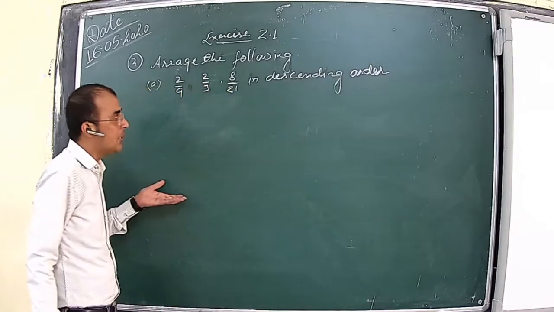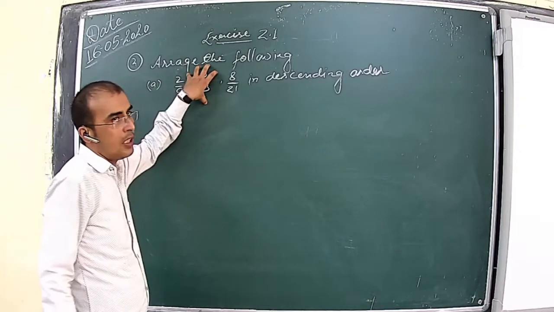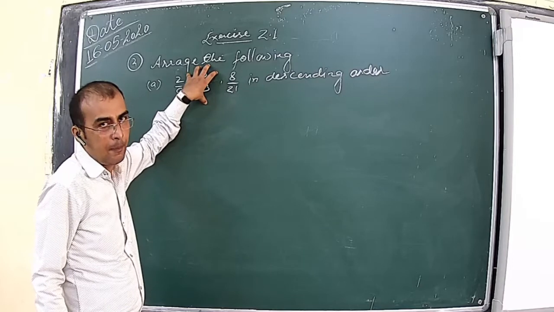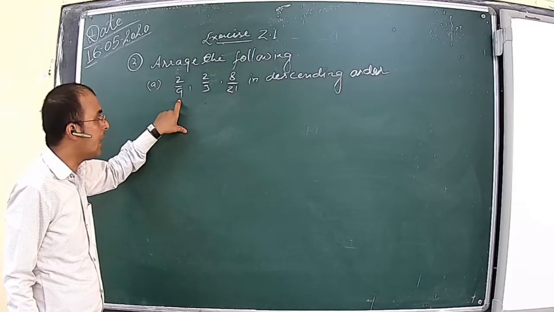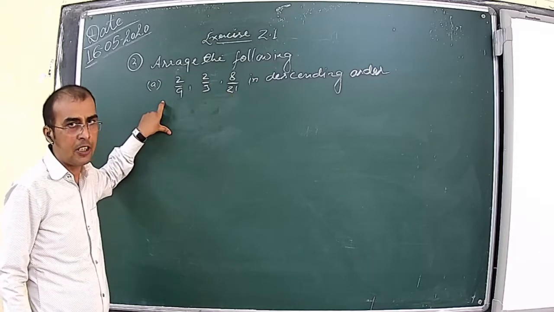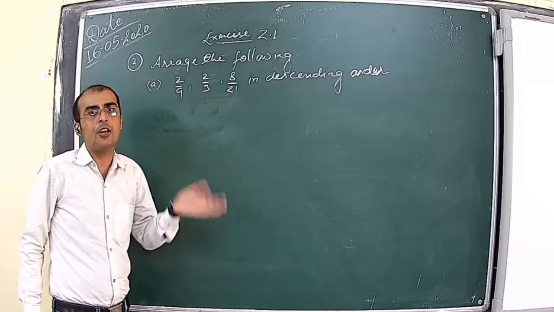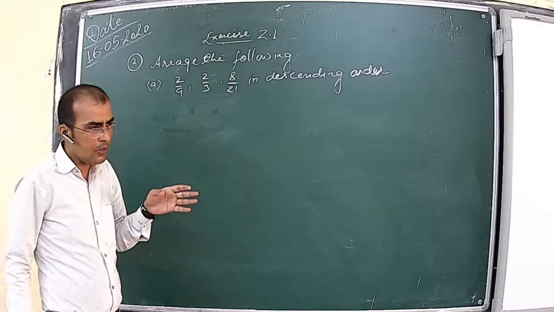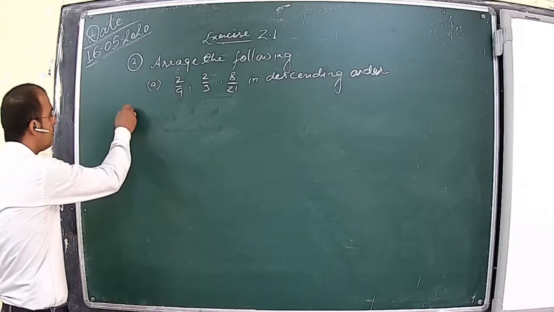So first of all, we will change these fractions into like fractions. Here it is 9, here 3, here 21. So we will take the LCM of the denominators, because the denominators should be equal, as you know from the definition of like fraction. So what will be the LCM?